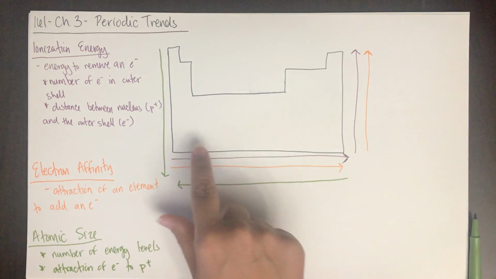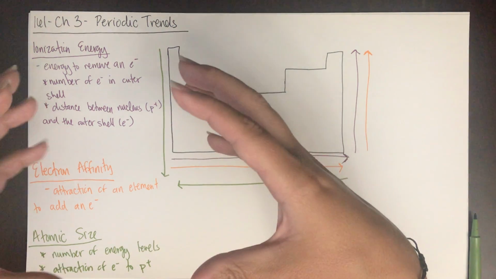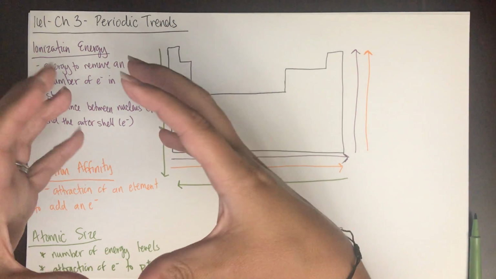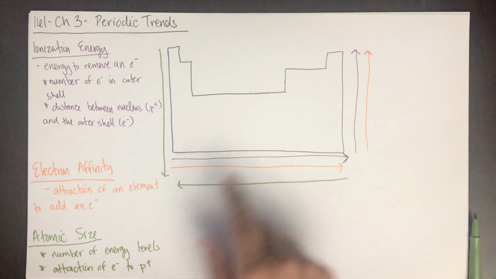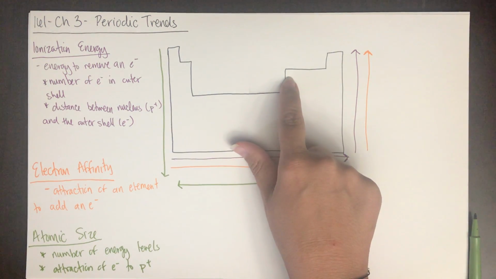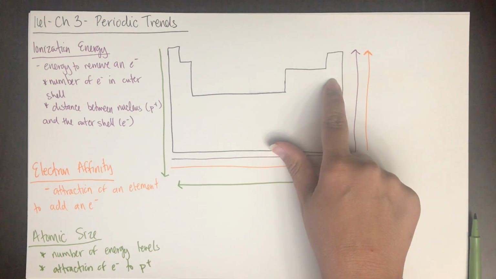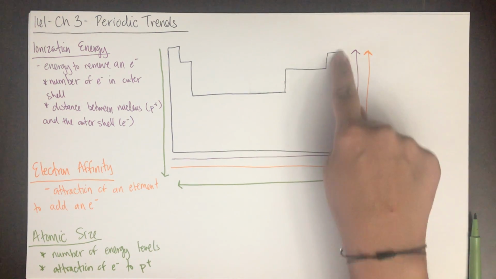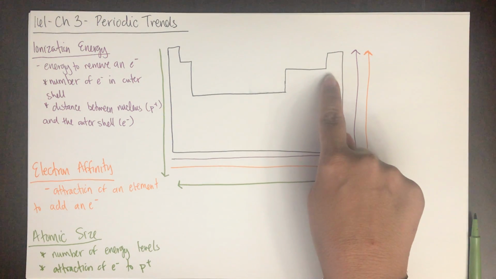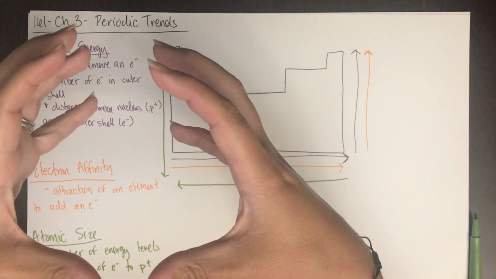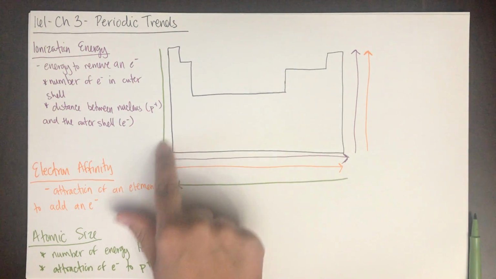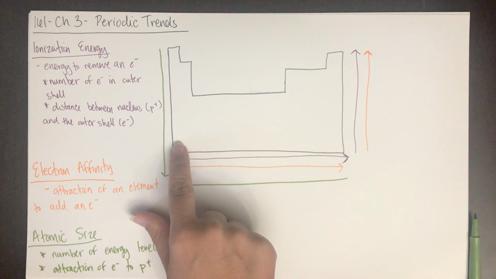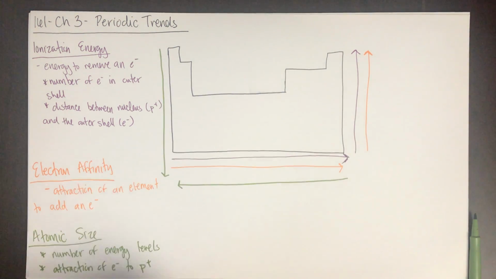So you still have the same number of shells around that central nucleus, but the more electrons you add, the tighter and tighter that gets squeezed. So within the same period, as you get closer to the noble gases and you have the most protons and electrons that can be attracted to each other, it squeezes it a teeny bit so it's a little bit smaller. So something down here would have a bigger atomic size than something up here.